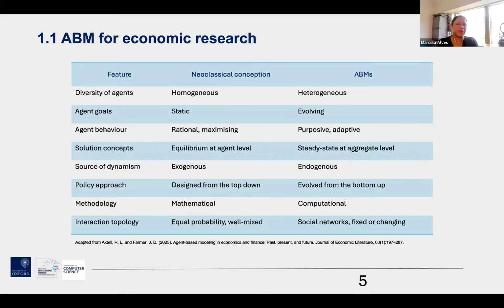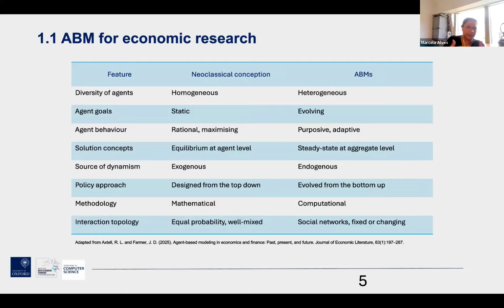Right? In ABMs, we have a bottom-up approach, which, instead of having mathematical equations that control the whole system, what actually controls the system is the agents interacting among themselves and with the environment.